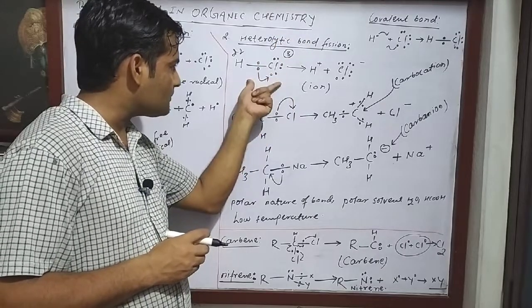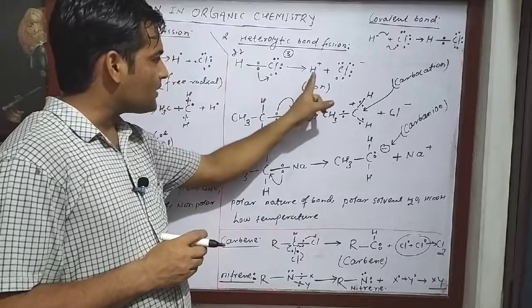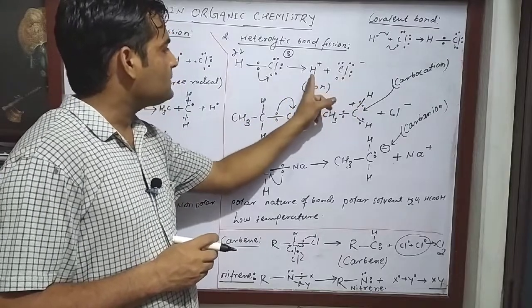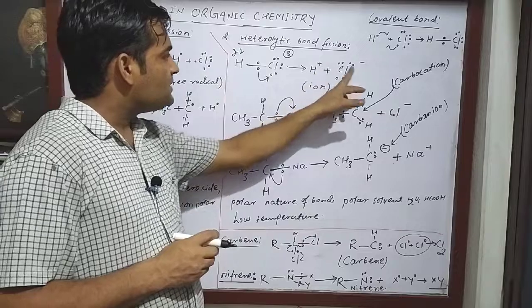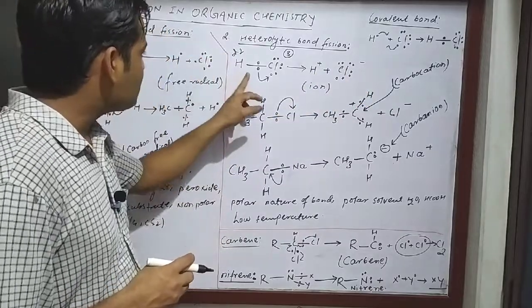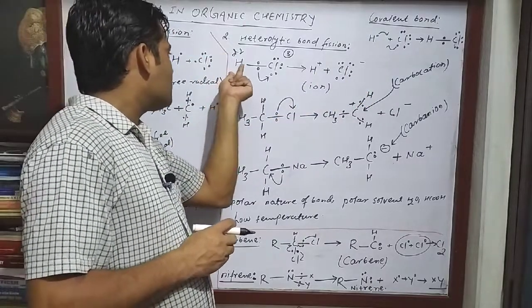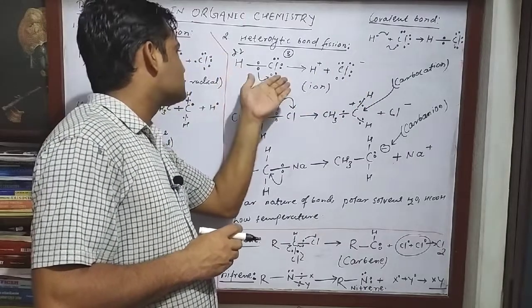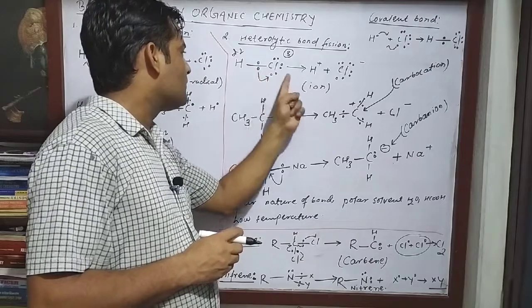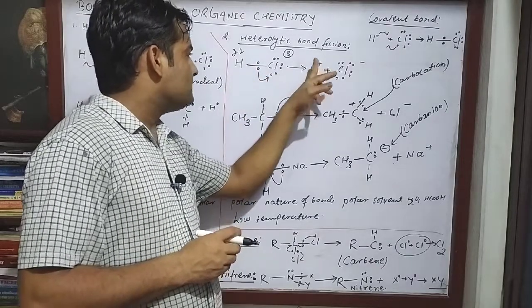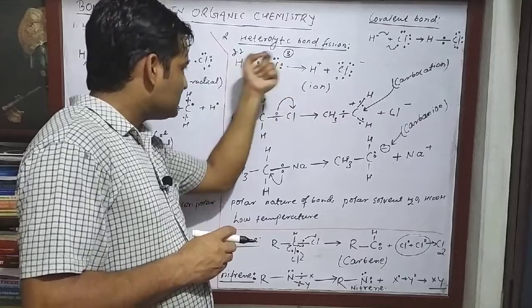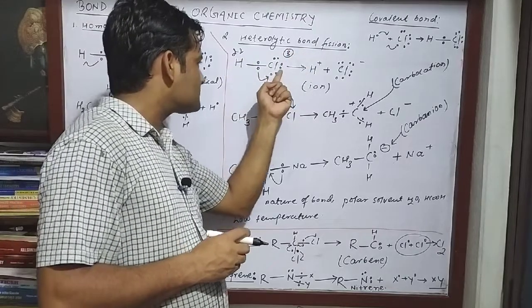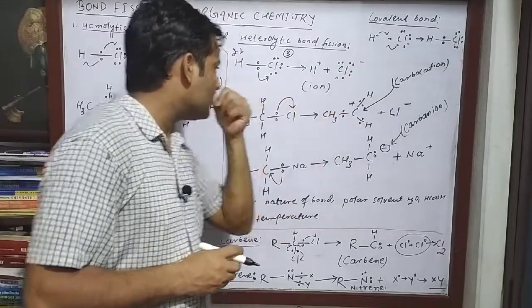In heterolytic bond fission there is always formation of ions, and ions have either positive or negative charge. The atom or group of atoms which loses the shared pair of electrons gains a positive charge, and the atom which gains the shared pair of electrons gains a negative charge.